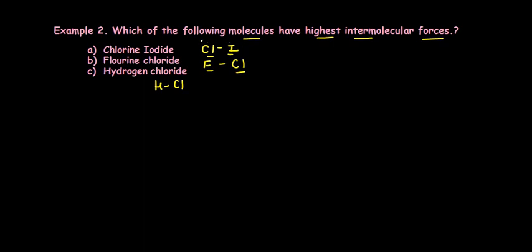So such molecules are going to be polar, with the more electronegative atom as partial negative and the less electronegative atom as partial positive. So each and every molecule is a polar molecule, but the difference in electronegativity between the two atoms is highest in hydrogen chloride, that is HCl.